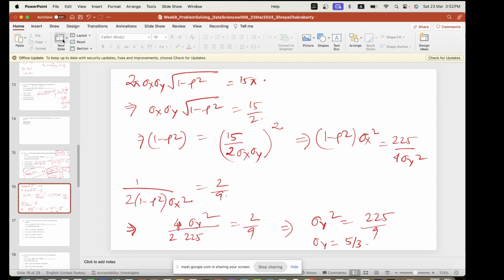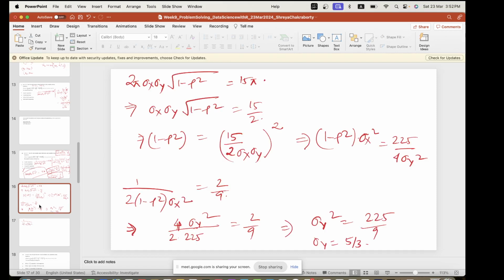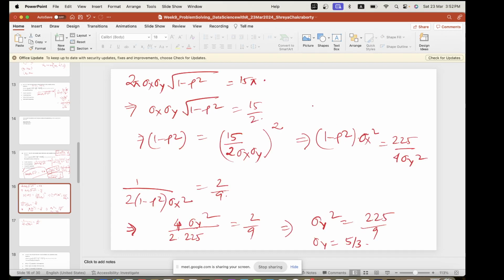Alright, and then the next one is the same thing, 1 by 2 into 1 minus rho square sigma y square, that was equal to how much? 2 by 25. And from here we can also write 1 minus rho square sigma y square equals 225 by 4 sigma x square.